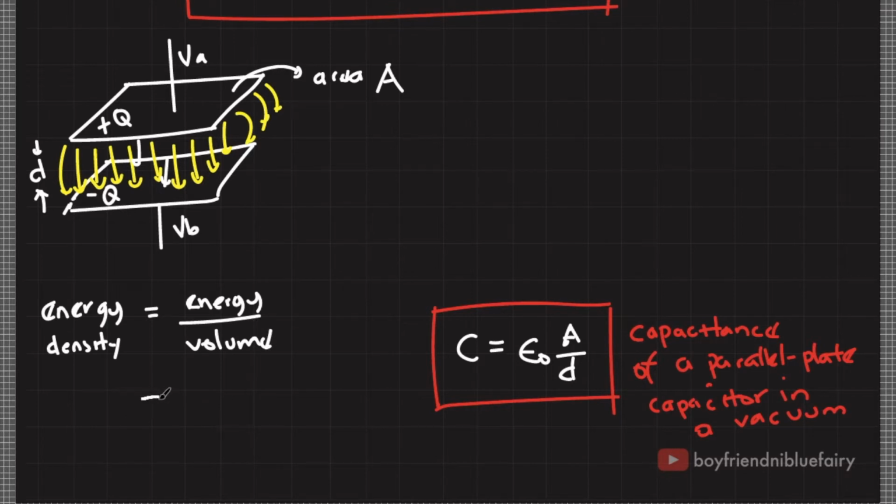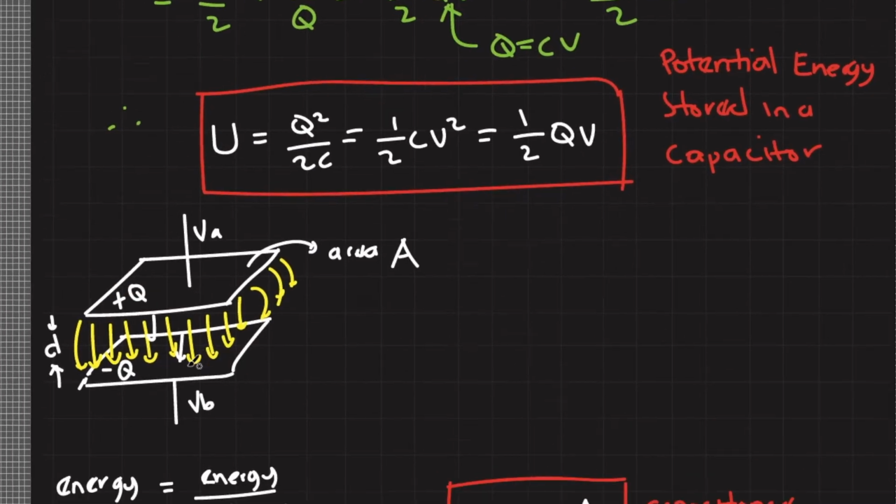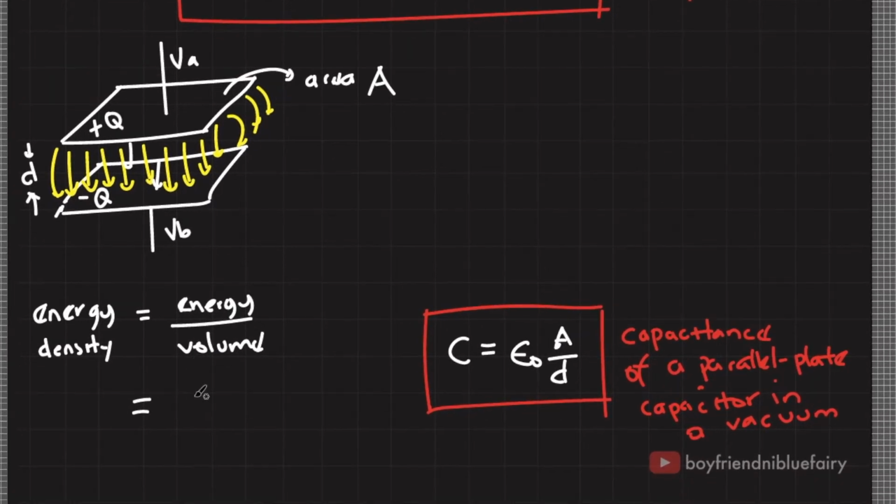So this is also equal to our energy U divided by, for example, this system has a volume of area times the distance between the two capacitor plates, D.